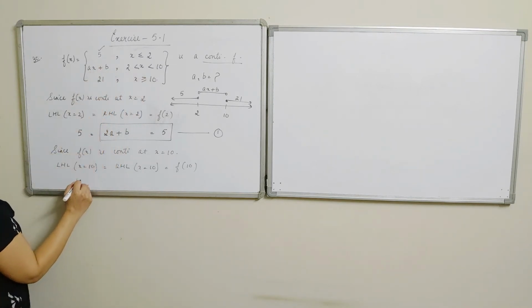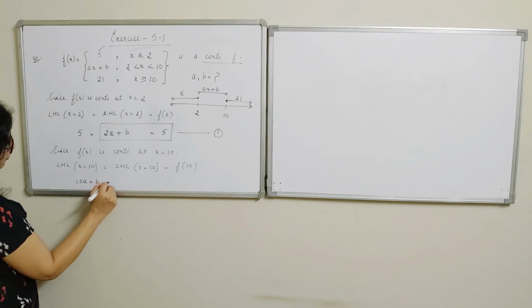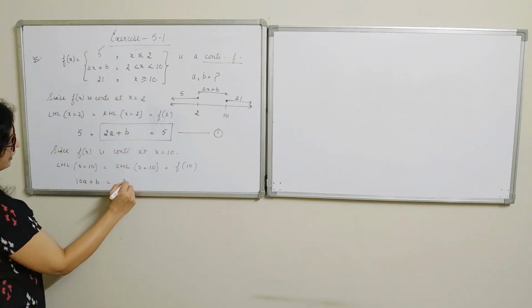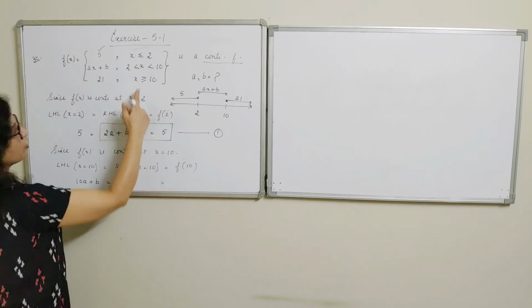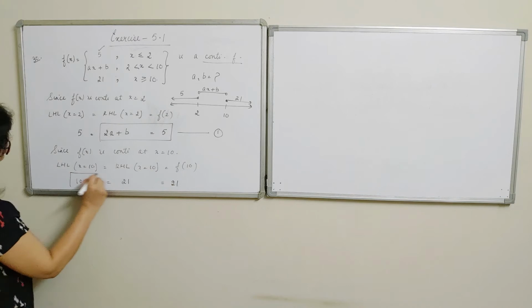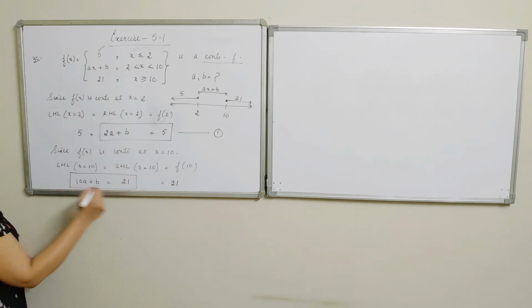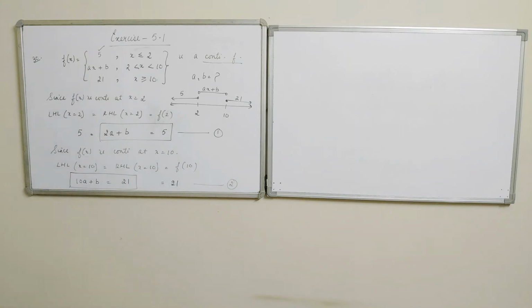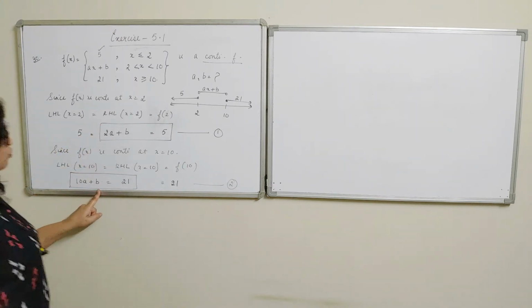By direct substitution we get 10a plus b. The right hand limit, x greater than 10, is a constant, and the value of the function at x equal to 10 is also 21. So here we get another linear equation in a and b. Let's call this equation number 2.